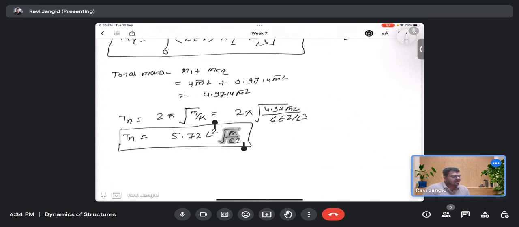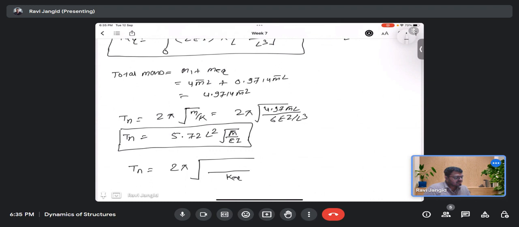Another time period is calculated as 2 pi root of m by k, where k would be the same, K equivalent.